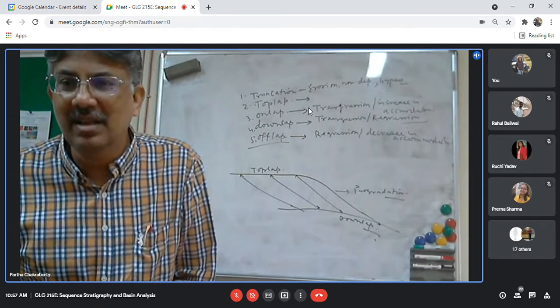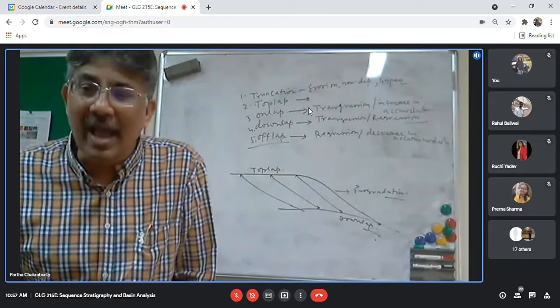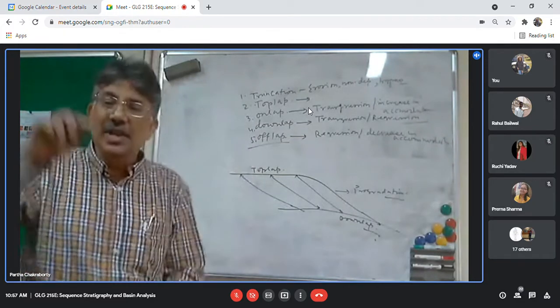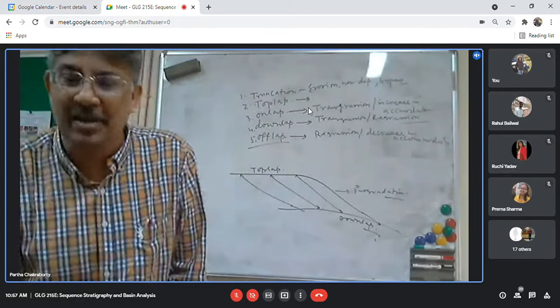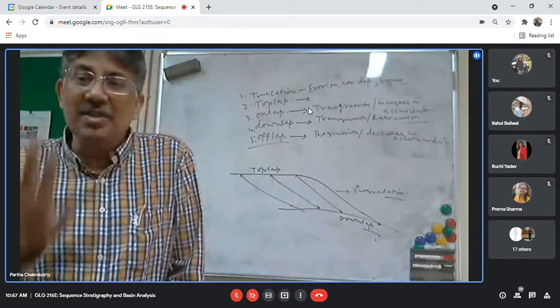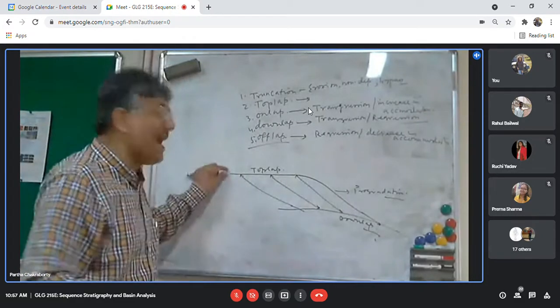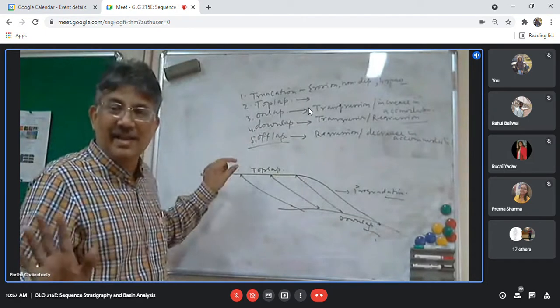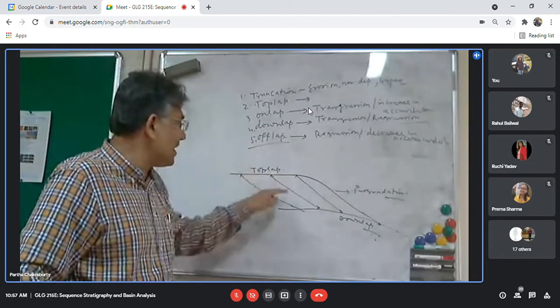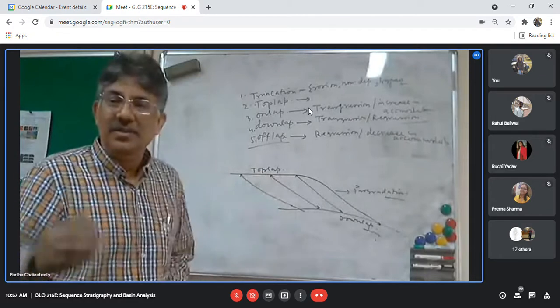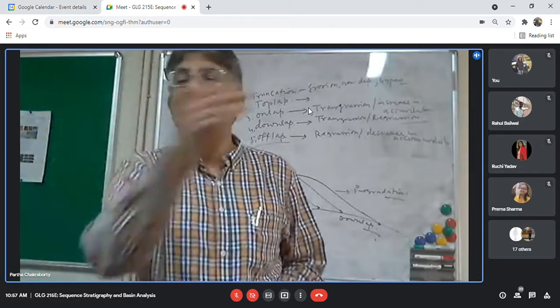Am I clear? So if you have a strata which is less than the seismic resolution, then you consider that there is no net aggradation, and it is a surface against which the underlying strata are truncated.